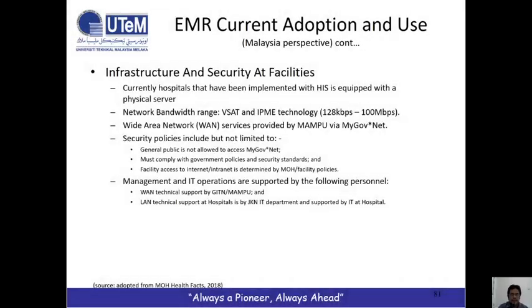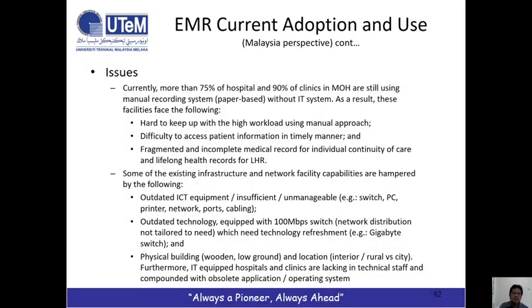So as software developers, I think you need to innovate and provide a good, cheaper solution for our country to computerize this. 75% to 90% of healthcare facilities are still on manual. So there are many opportunities for you to innovate and give ideas on how to provide the best solution at an affordable price for the software.